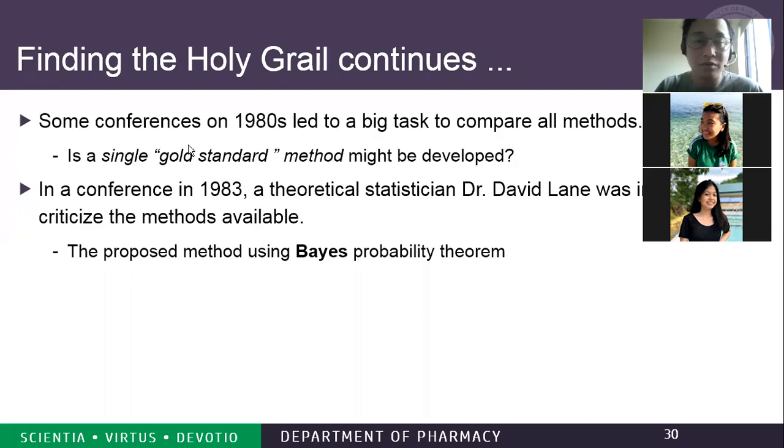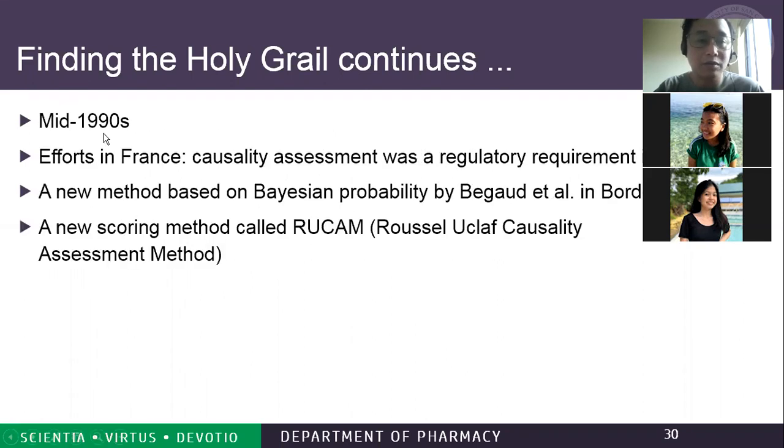As I said before, there are a lot of researchers who wanted to establish the best methods to find the causal relationship between adverse events and drugs, and the research went on from the 80s to even the 90s.